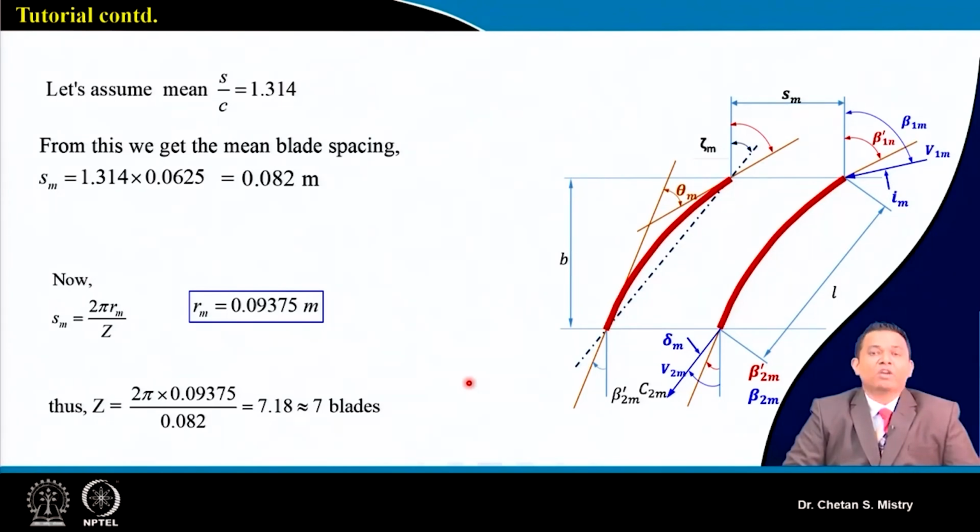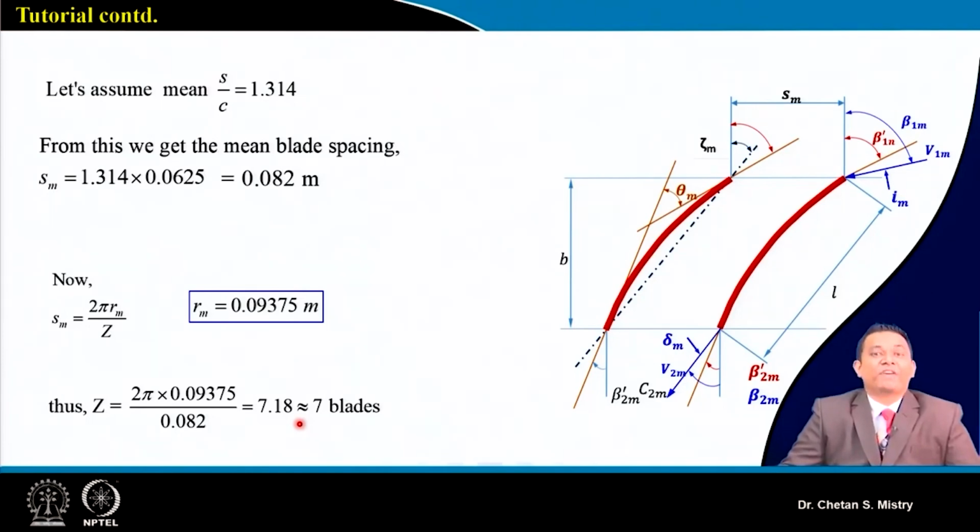So here, for the calculation, we are assuming our mean solidity S by C as 1.314, and based on mean radius the number of blades comes as 7.18. Roughly we can say that is 7 blades.